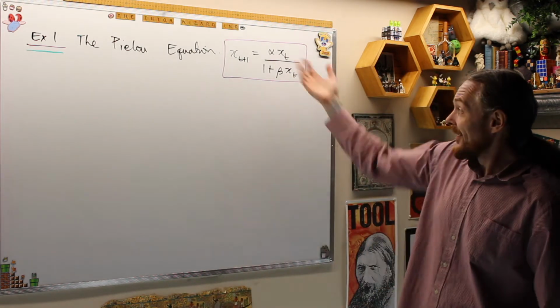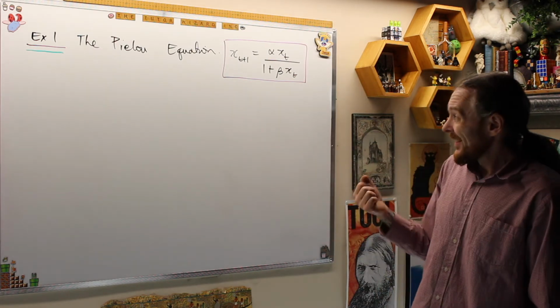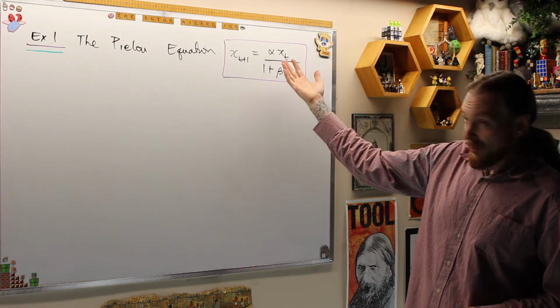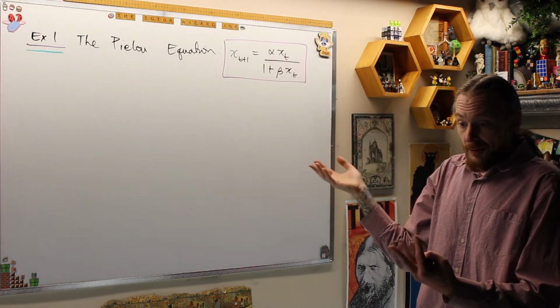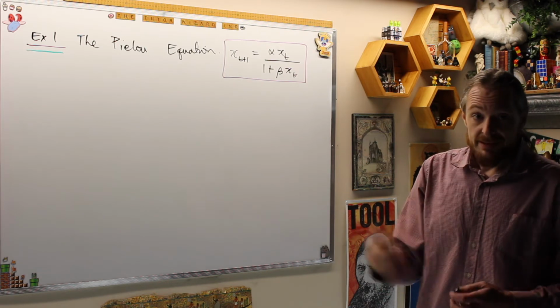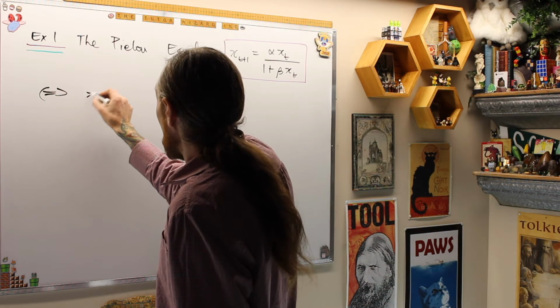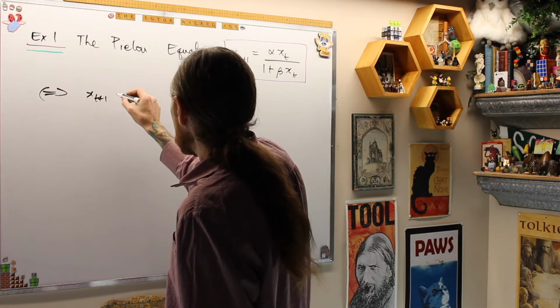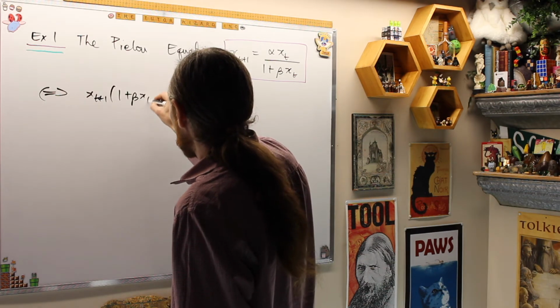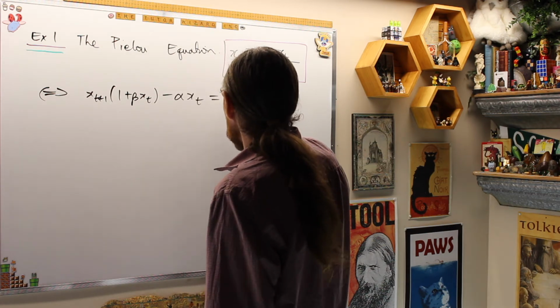Now that we have that, what we're going to do is notice that it's Riccati type 1. Is it? Let's check. First of all, this is what you're given. Then I'm going to put it into the form, divide by xt plus 1 xt, and then see if we can solve by making the substitution. What we're going to get is, if and only if, I have xt plus 1, 1 plus beta xt minus alpha xt equals 0.